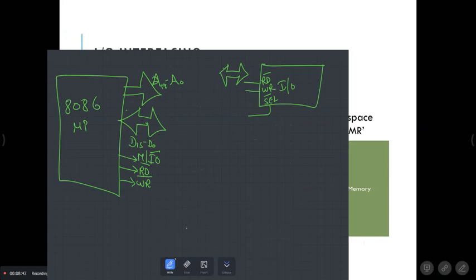This IO device is supposed to give data to the microprocessor, that is, the microprocessor is reading the data, and also it accepts data from the microprocessor. That means the microprocessor writes the data into this. Microprocessor can read the data from the IO device, and can write the data into the IO device. So for that you require data lines, right? Yes or no?